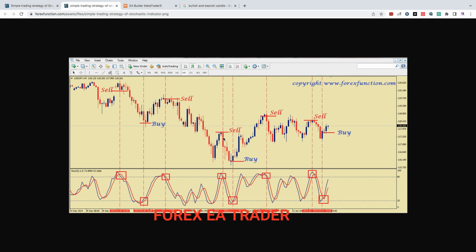So that's what they are doing there. So let's see if we can turn this into a forex trading robot without any coding and for free.